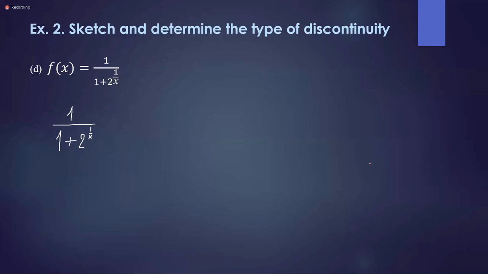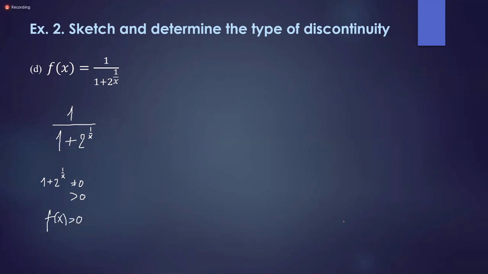So I can say 1 plus 2 to power whatever is never equal to 0, so we don't have to worry about this. It actually is always positive, so the function values are always positive where it exists. 1 divided by positive, so that's something preliminary, just to understand that this denominator doesn't hurt anything.